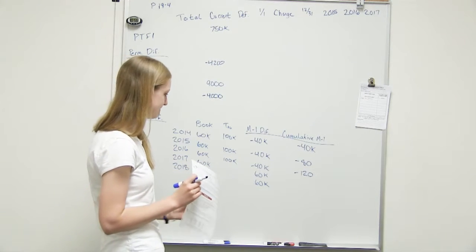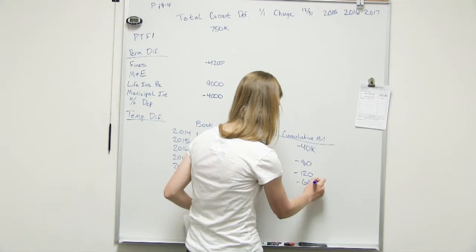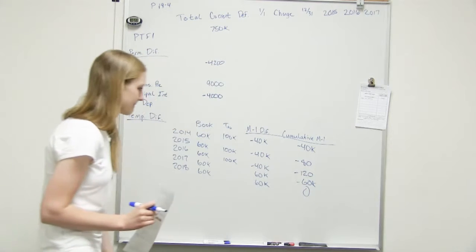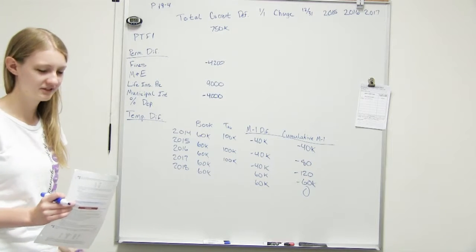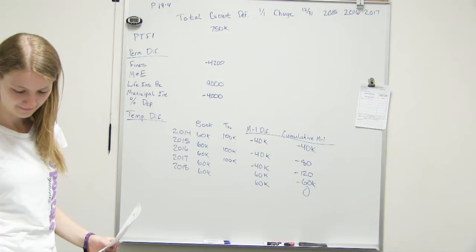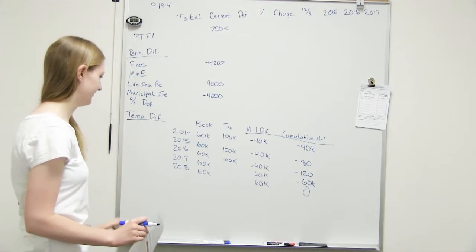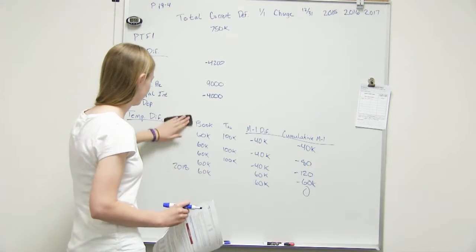So here we're going to have negative 60,000 and then 0. So is that kind of making sense for that part? Alright, so I'm going to get rid of that and then start adding on to the spreadsheet.